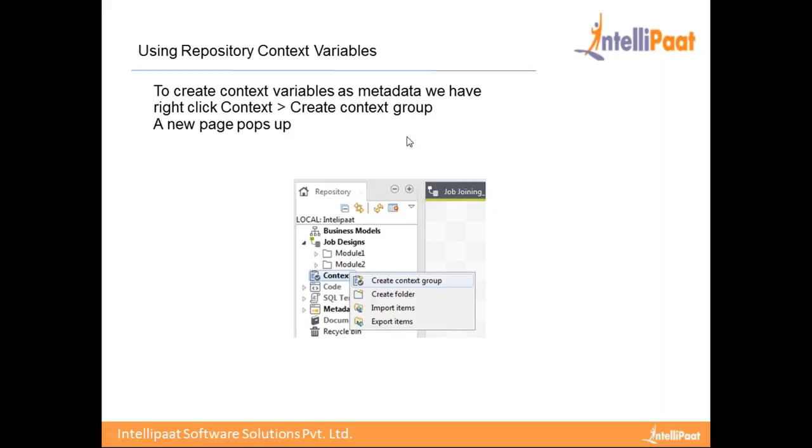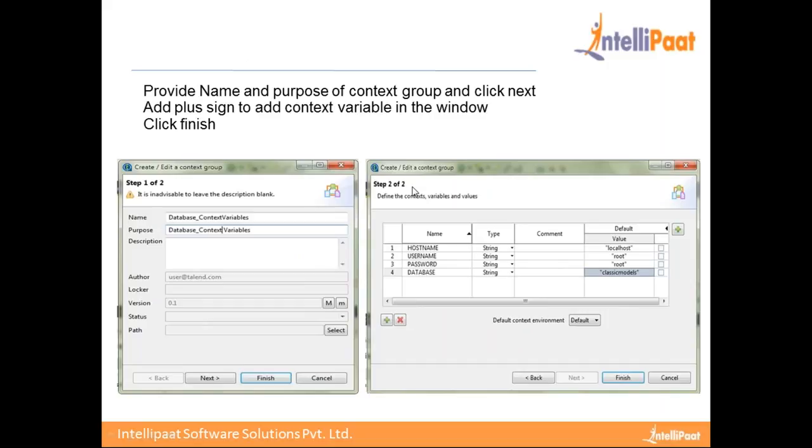So in the same way we created our method, we will be creating these context variables in the repository. In the repository, if you see, we have the option Context. We right click there and it shows us the same option. Apart from this, Create context group helps us to create a new context. You can have any number of contexts and the same value can be defined here.